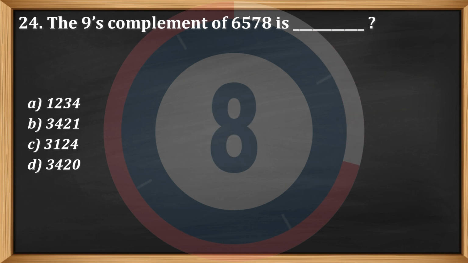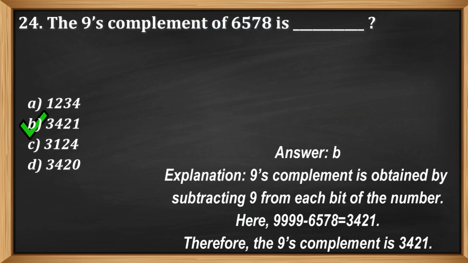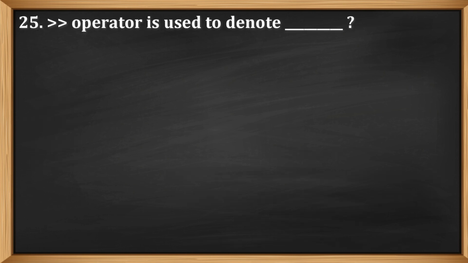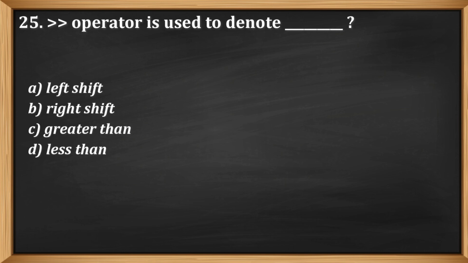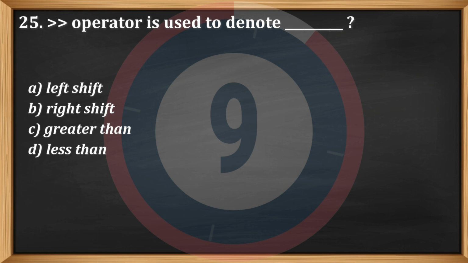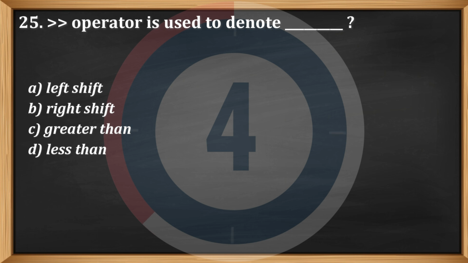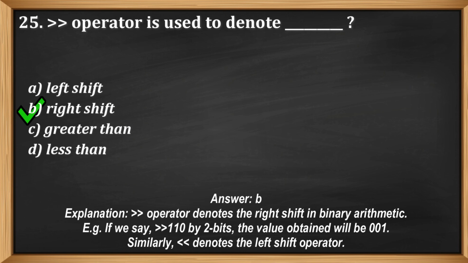The 9s complement of 6578 is option B, 3421. This operator is used to denote option B, right shift.